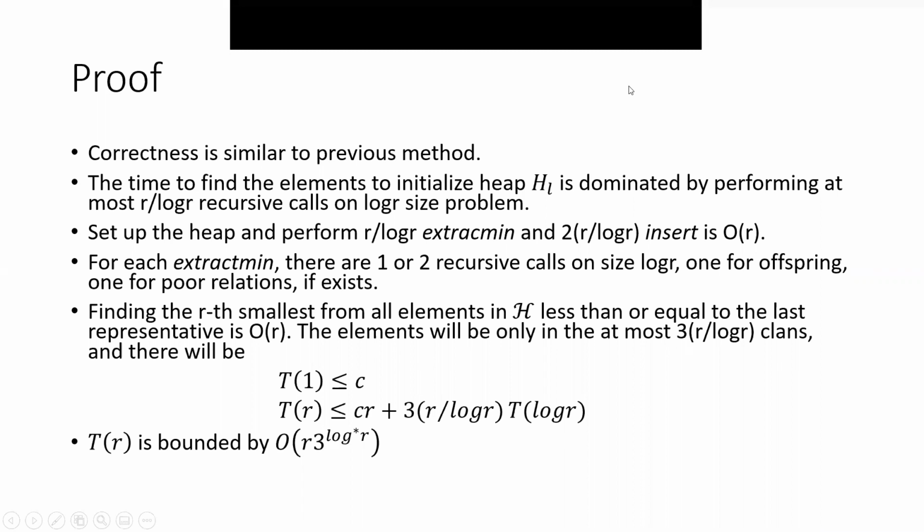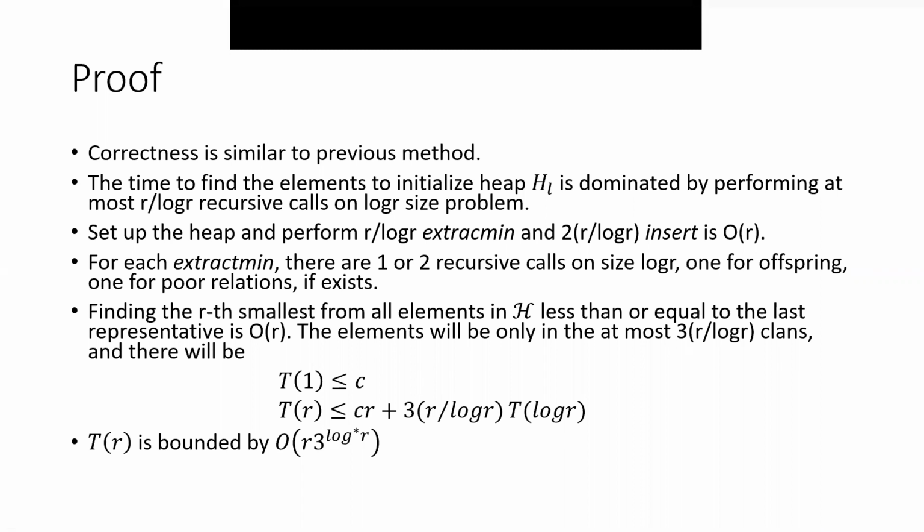Okay, now let's look at the proof. Since it's a recursive procedure, the correctness is similar to the previous method with big O of k times log k, and we'll mainly look at the time complexity here.